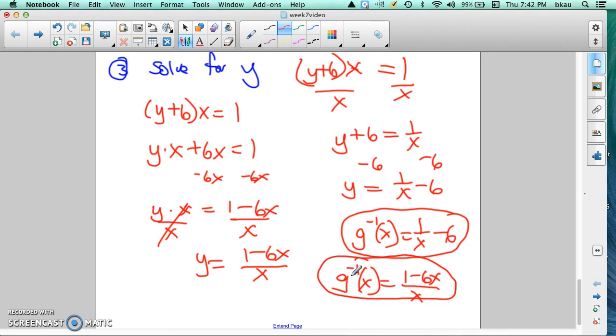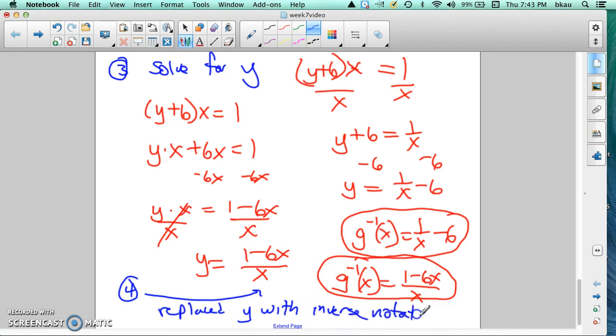So either one of those is my inverse. That's the process we go through. I'm sorry I didn't write down step number 4 here, which was what I just did right here. I replaced y with inverse notation. Okay, and that's it.